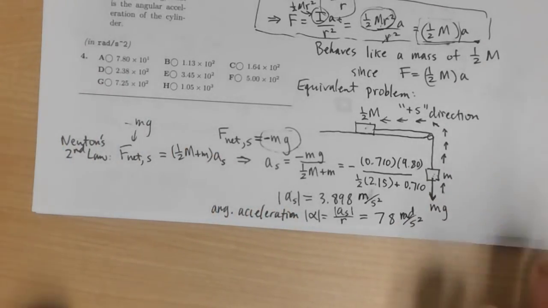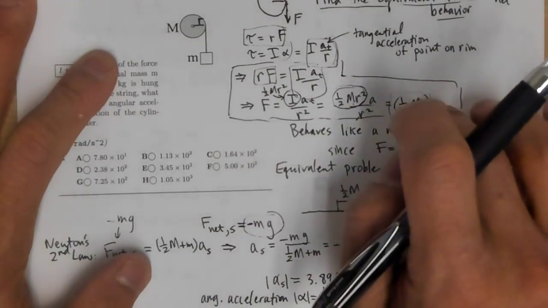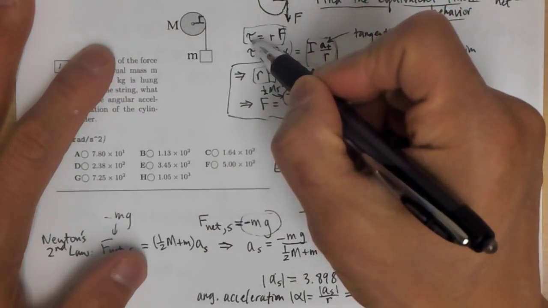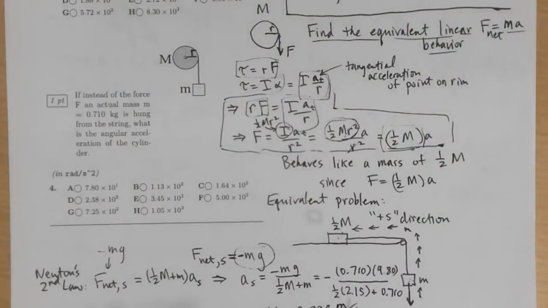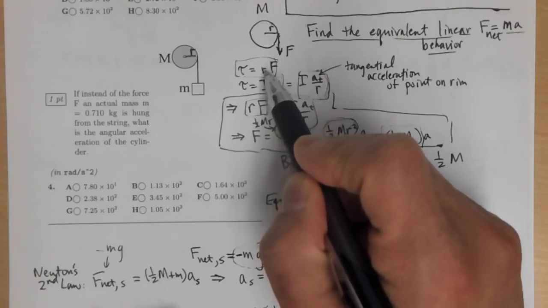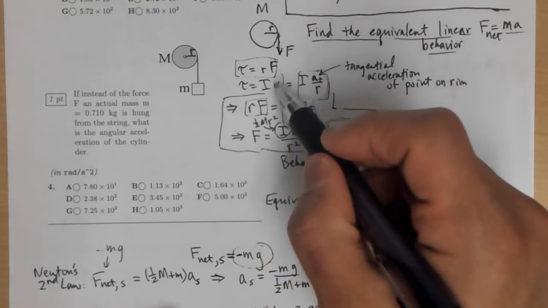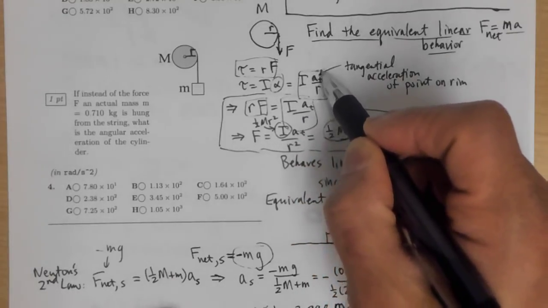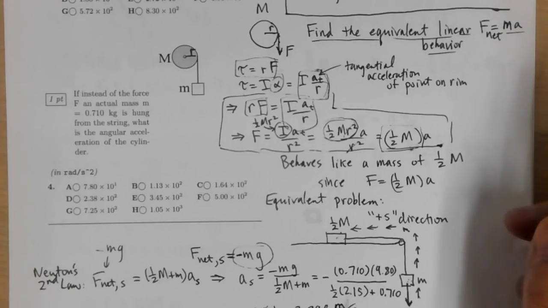I said this problem is rather difficult. You don't have to worry too much about these steps, but let me try to extract out the concepts you're supposed to master. Torque is equal to R times F. Torque is equal to I times alpha. And alpha is related to the tangential acceleration divided by R. This you should know and should be able to deal with.